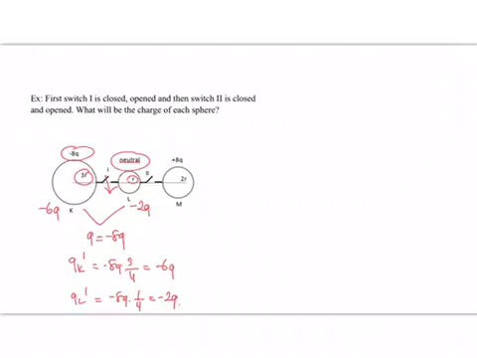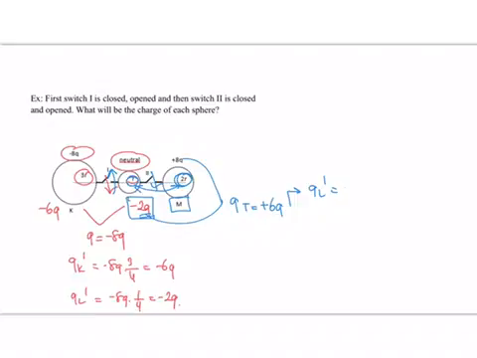Now I open the first switch and close the second one. So L will touch the sphere M with its new charge. Here the total charge will become plus 6Q. L has a radius of R and M has a radius of 3R, so the total radius is 4R.